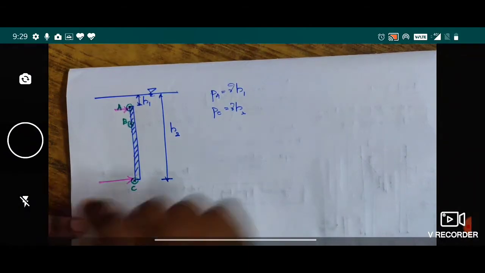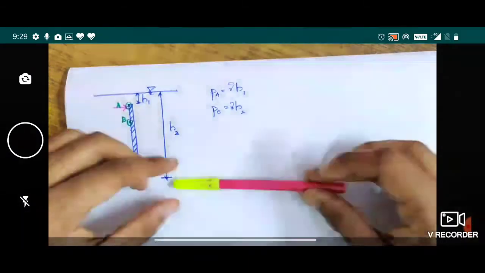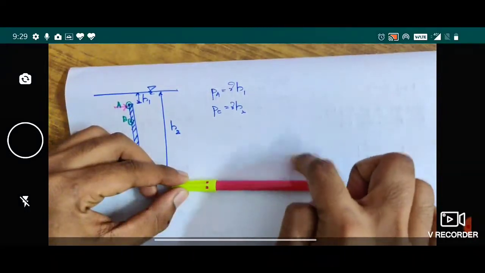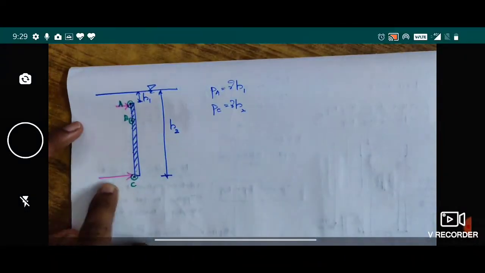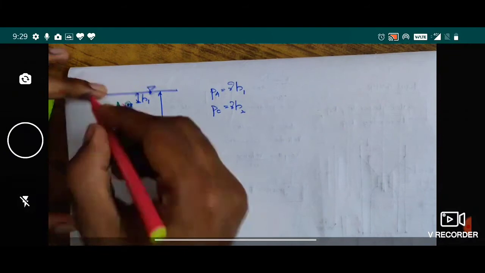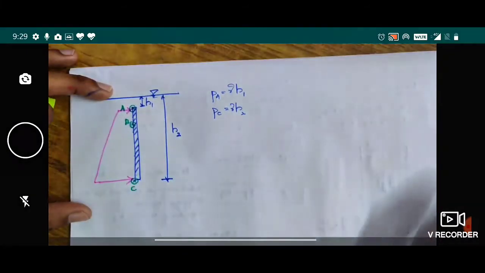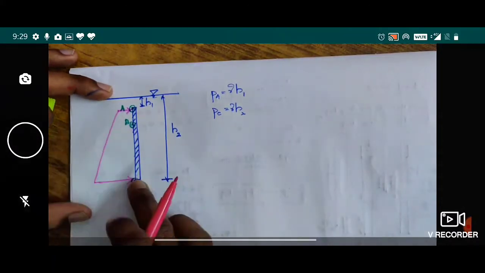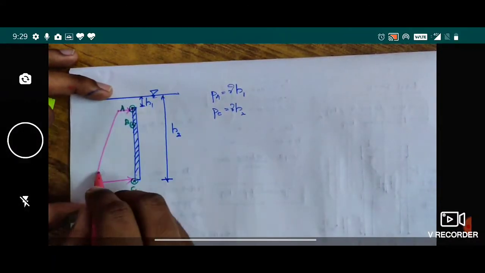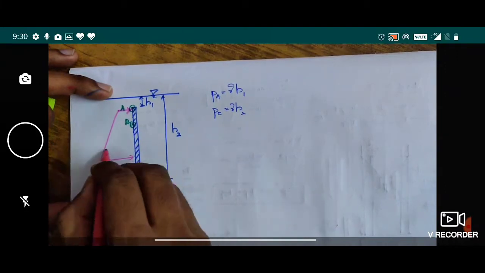Earlier if you check, you can see that your plane was like this and the pressure was acting like this. So it is always acting perpendicular. Here also it is acting perpendicular. There it was uniform throughout, it is constant throughout. Here, along the plane, it is varying uniformly, linearly.